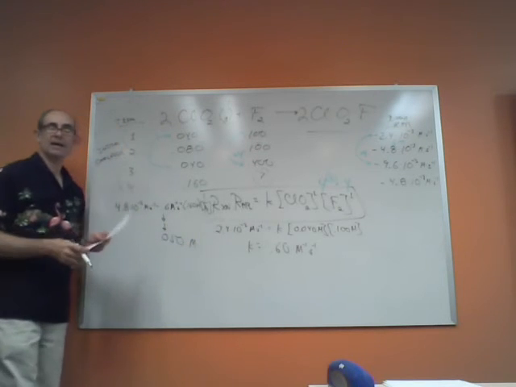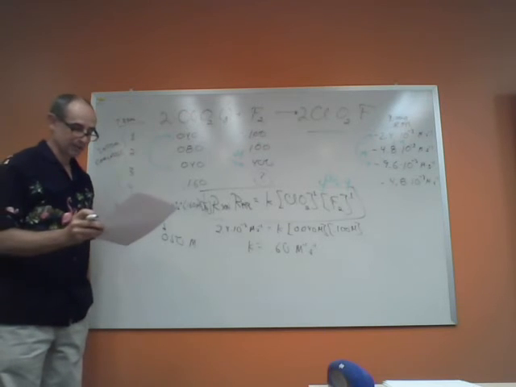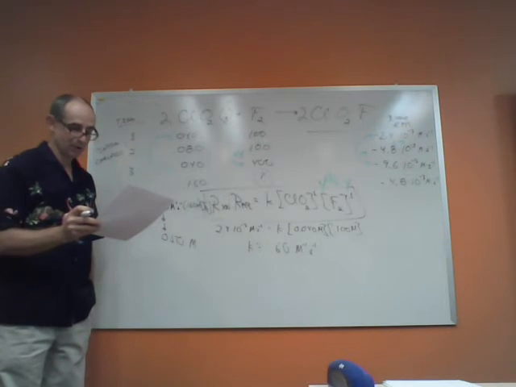It's incorrect in my notes here, so I'll go ahead and change that. I've got the wrong unit there. I've got molar to the negative 1, but it really should be molar.